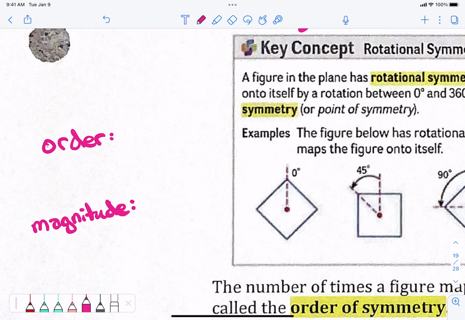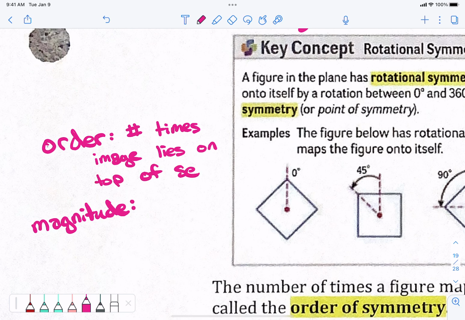The order of the rotational symmetry is the number of times the image lies on top of itself. So if I spin it around, how many times will it map on top of itself?